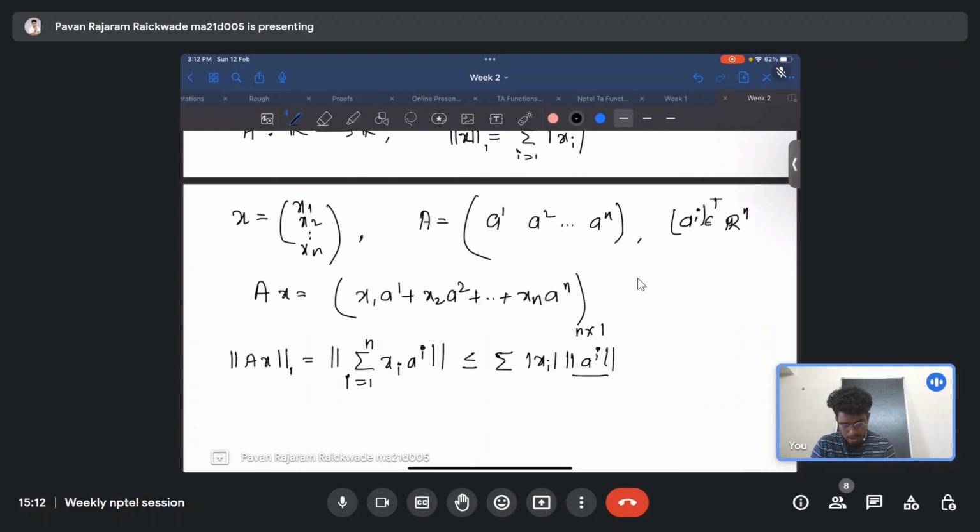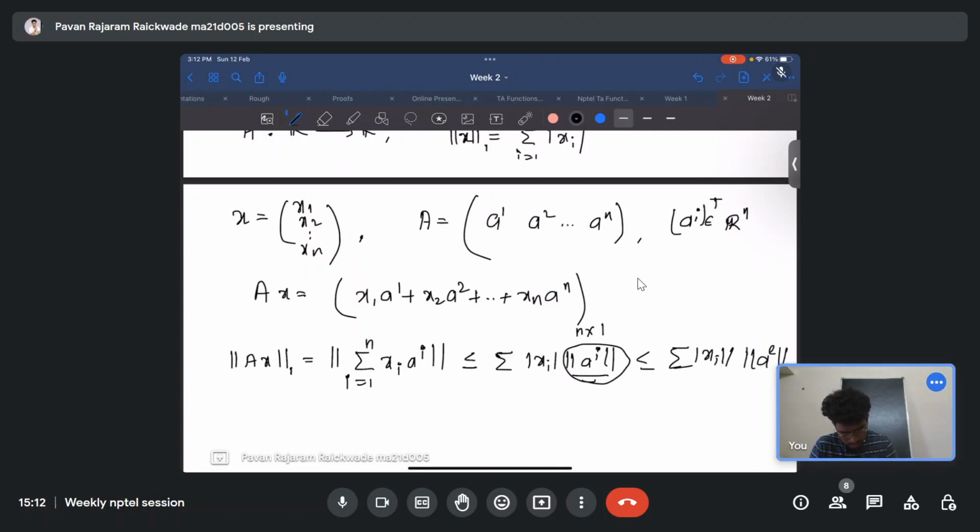Now, these norms of ai are finitely many values for i equals 1 to n, just the norms of each column. So I'll take the maximum of those finitely many norms, and I call it norm of al.